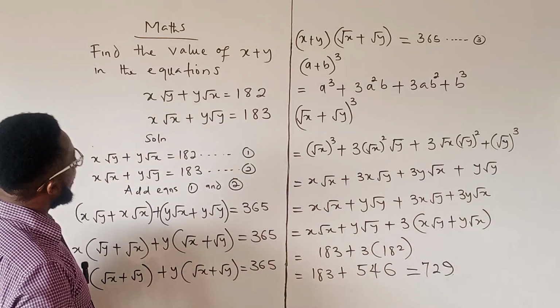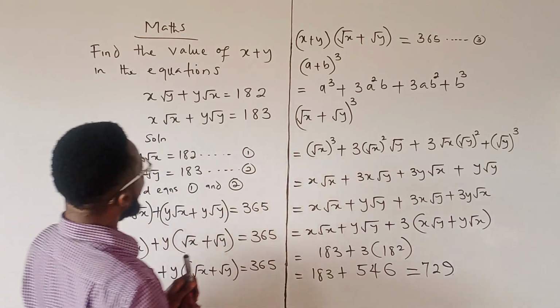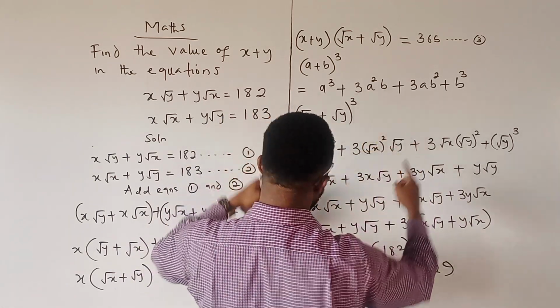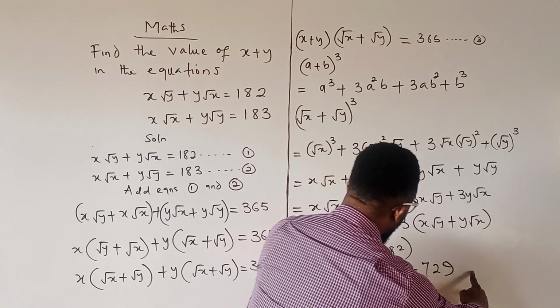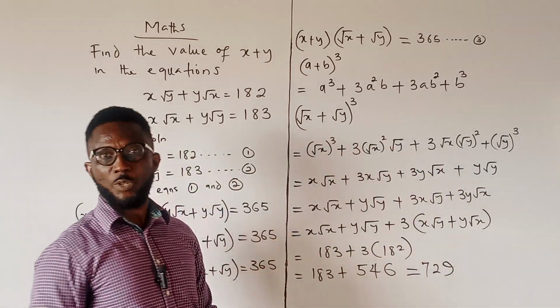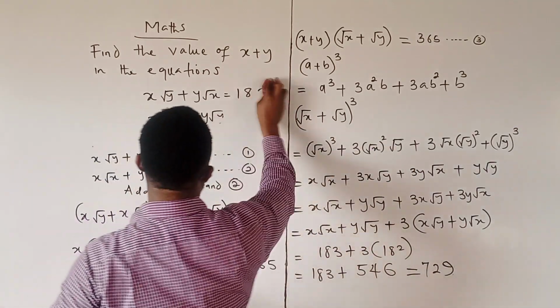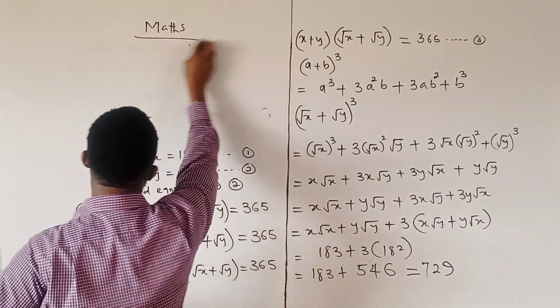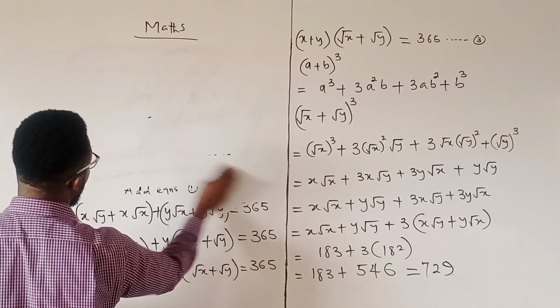729. Then if you see what we have done here, we started with rad x plus rad y cubed, and it's equal to this very value, 729. So it therefore means that we can get rad x plus rad y by taking the cube root of both sides.